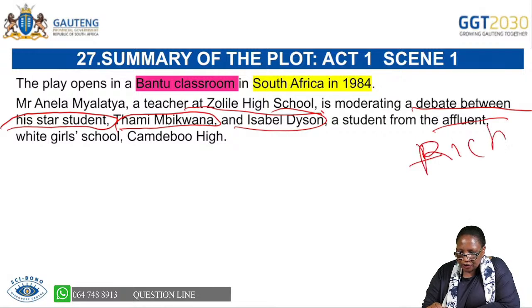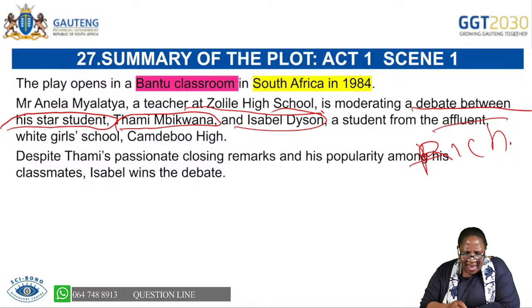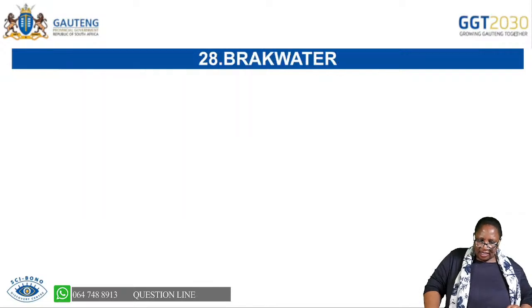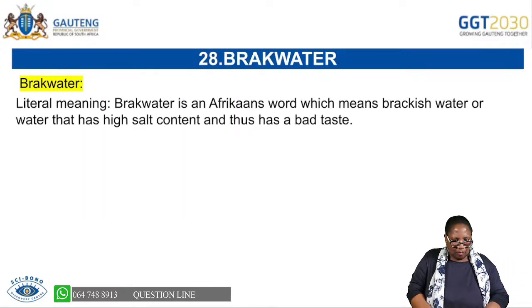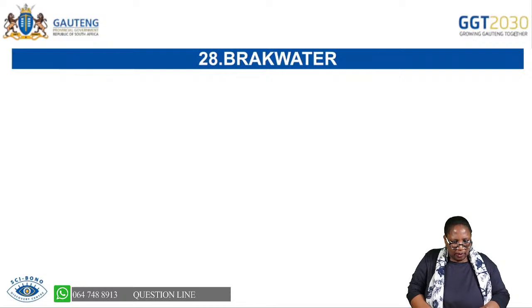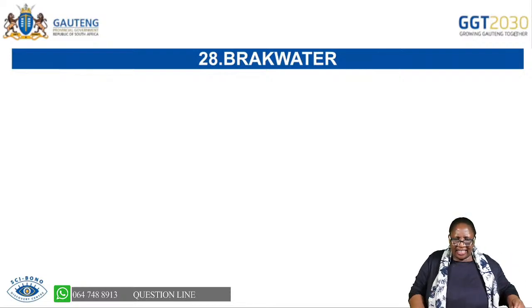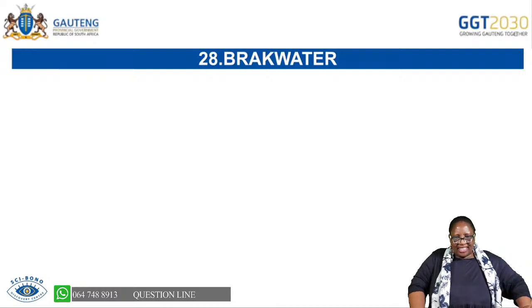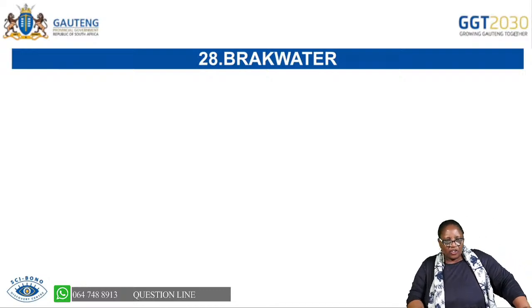Affluent is rich. Despite Tammy's passionate closing remarks and his popularity among his classmates, Isabel wins the debate. After the rest of the class leaves, Isabel and Tammy talk, and despite their different backgrounds, a friendship is born.